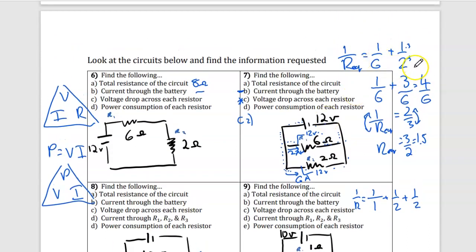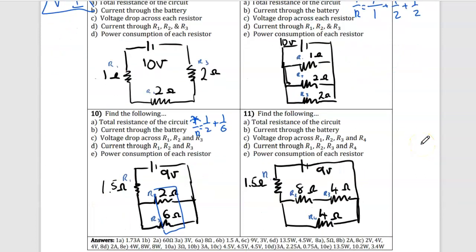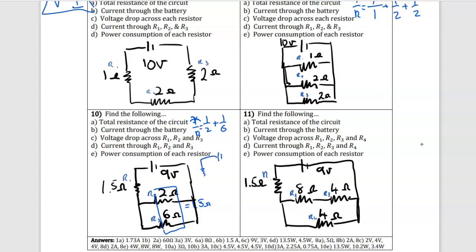I did. 1 over 6 plus 1 over 2 turned out to be an equivalent resistance of 1.5. So these two are equal to a 1.5 ohm resistor. So now we have another circuit with this 1.5 ohm resistor here, and then the 2 and the 6 are acting like another 1.5 ohm resistor, right?